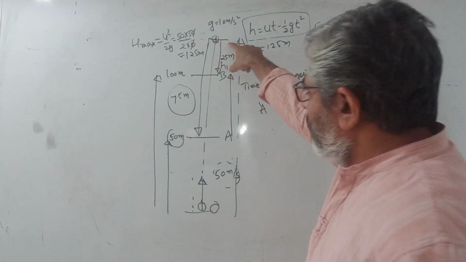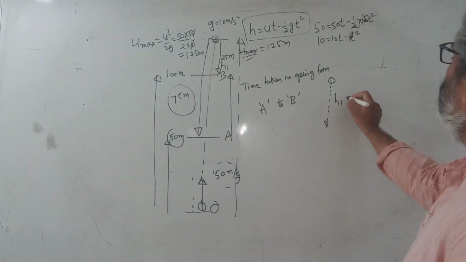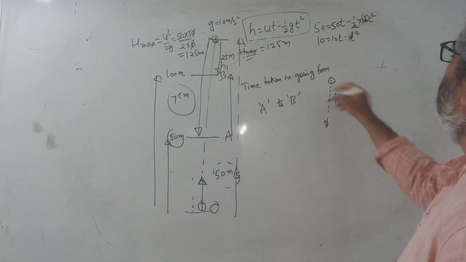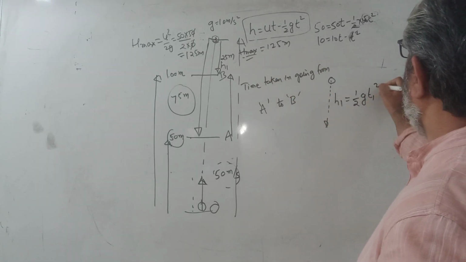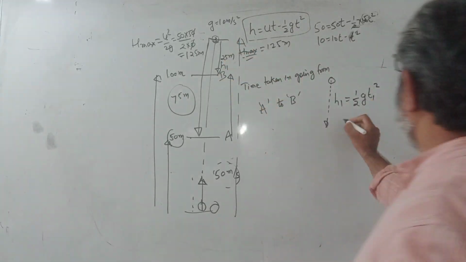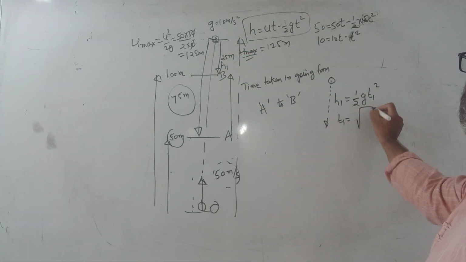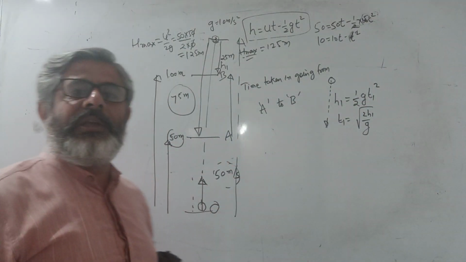So the time it will take in coming from here to here will be given by h1 is equal to half into the value of acceleration g into t1 square. तो आपके पास एक टाइम आएगा यहां से यहां तक t1, that will be root of 2h1 by g. I think all of you agree with this.